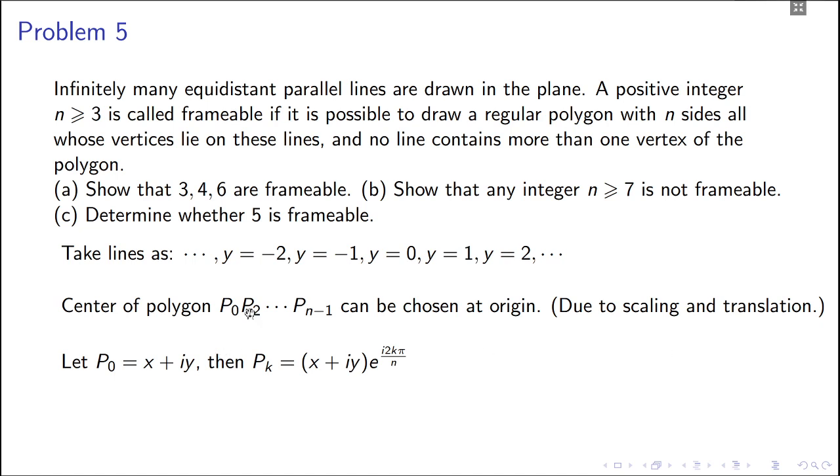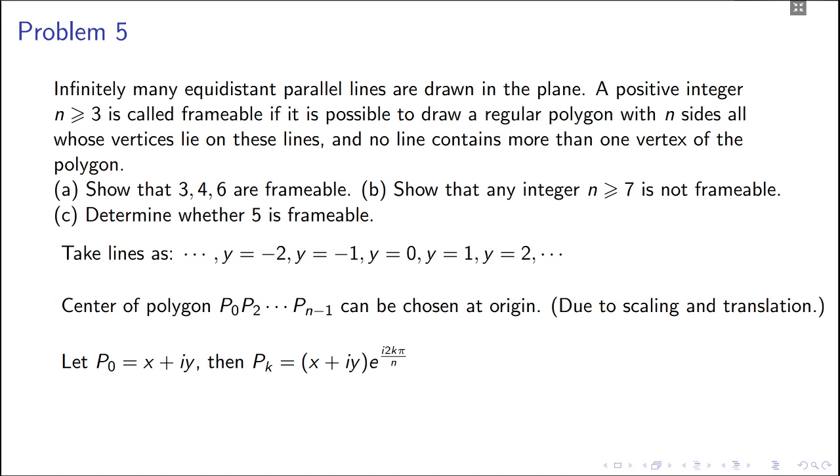And after that, you take the first vertex, you locate its coordinates, you can use complex numbers, and then you can get the remaining coordinates by rotating it with angle of 2 pi by n. So p_k, you can write as the first one, p naught, times e to the power 2k pi by n.